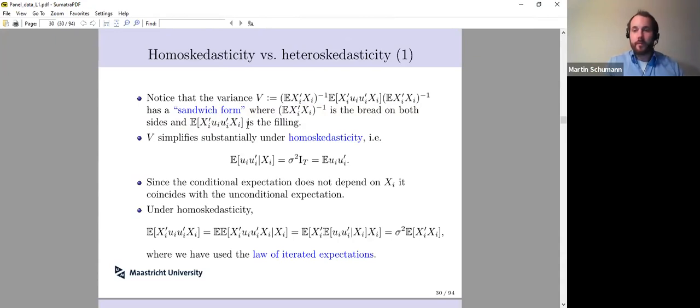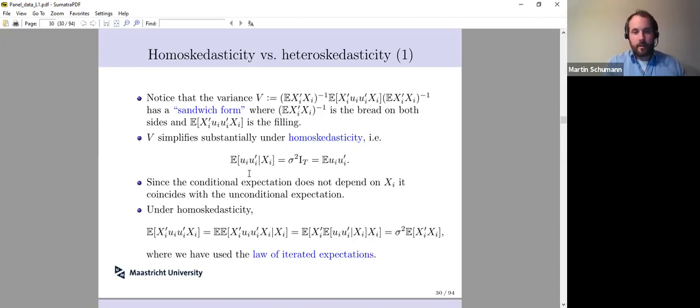Maybe you have seen a simpler form of this, which can be obtained by additionally assuming homoscedasticity, which means that the variance of the model error, which can also be written as the expectation of u times u prime, is independent of x. You see that there is no x on the right-hand side. So this is simply some sigma squared, some positive number, times the identity matrix with dimension t.